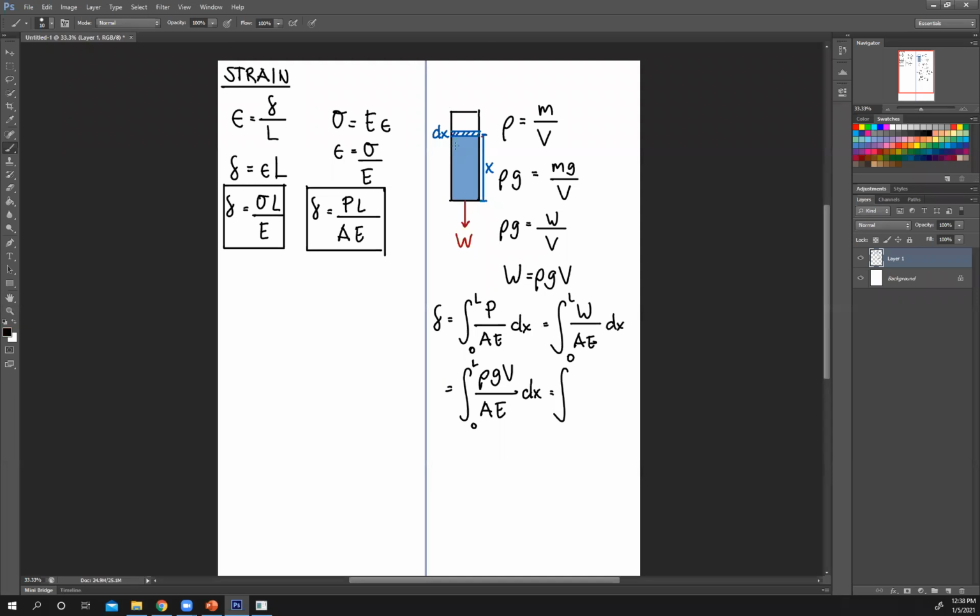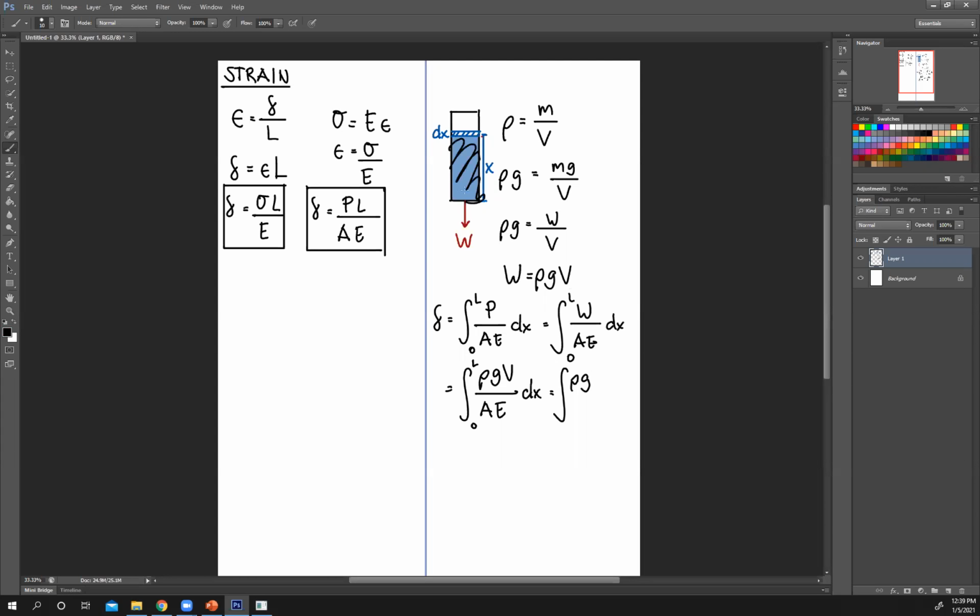So now, since this is what causes your load, that is where your weight is considered. Therefore, this rho g, the density, is the same no matter how much of the material you're using. Force of gravity is the same. Now volume is what's different.